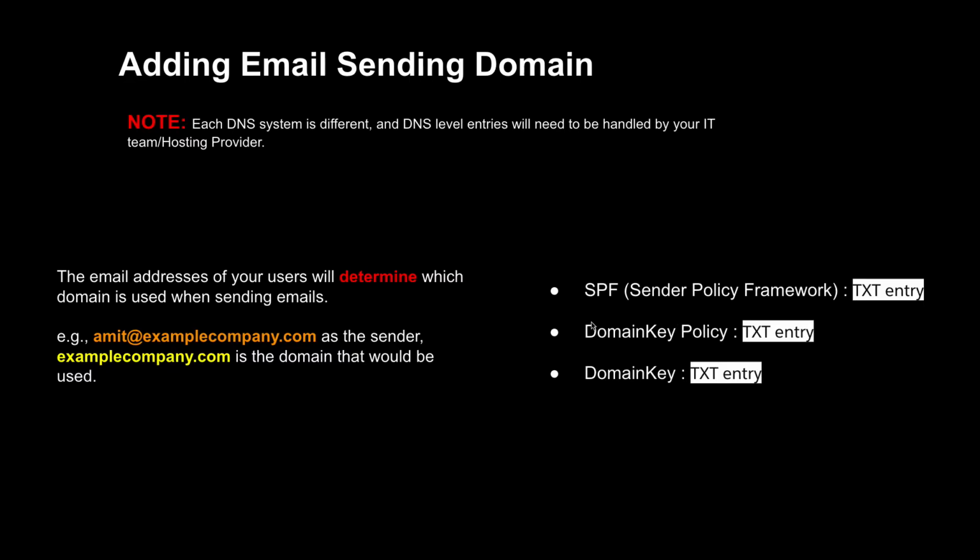These are a few DNS level entries which act as proof to the recipient email server that, hey, this particular email is coming from a legitimate business. I'm not spam. This is how the recipient server confirms whether an email is coming from a legitimate business or not.